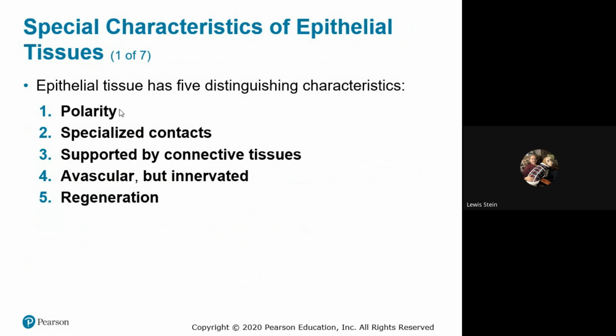Okay, so when they talk about polarity, they're all attached to what we used to call a basement membrane. Really, membrane is the wrong term. So this basement membrane in the old days is now really just a base layer. So we call it basal lamina, which means base layer. It's basically made out of protein.